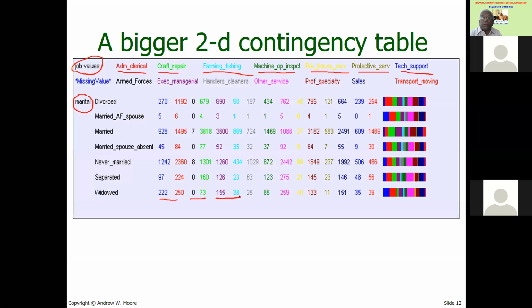The missing values are blue type. These are the missing values. Then administrative clerks are these. Craft repairs are these. Executive managers are these. Farming, fishing is this. Handlers and cleaners are these.